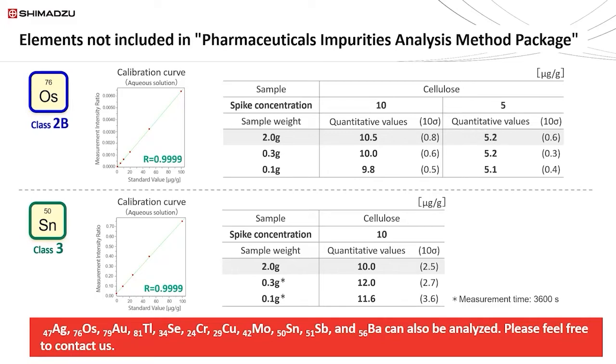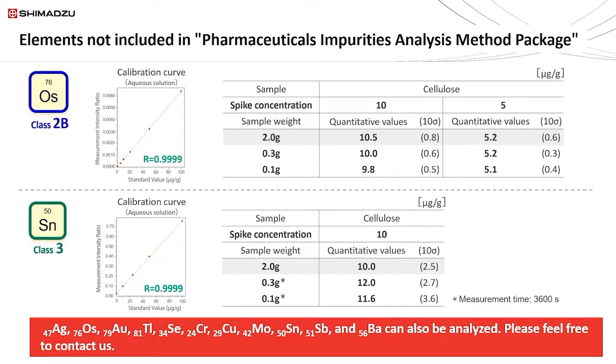Now, there are other elements that are also outside of the ICH Q3D guidelines, things like silver, gold, thallium, chromium, molybdenum, and so forth. These can all be analyzed in principle in pharmaceutical matrices, in pharmaceutical APIs, for example.